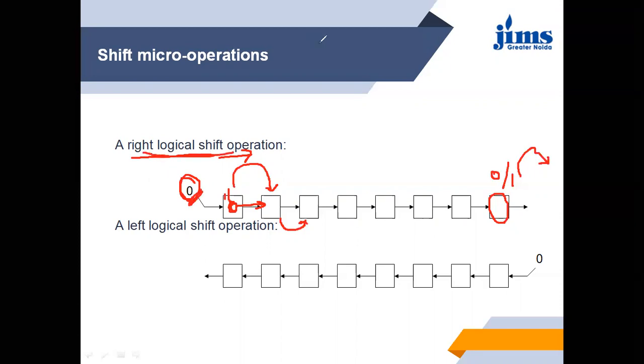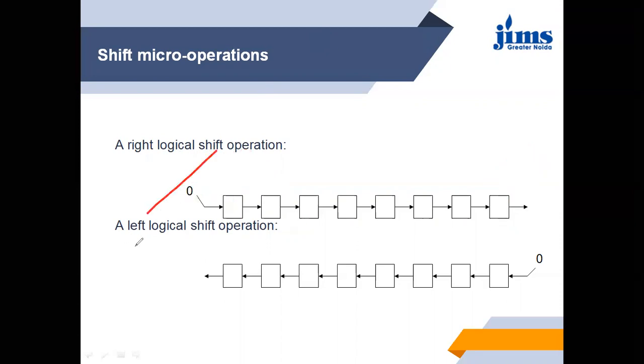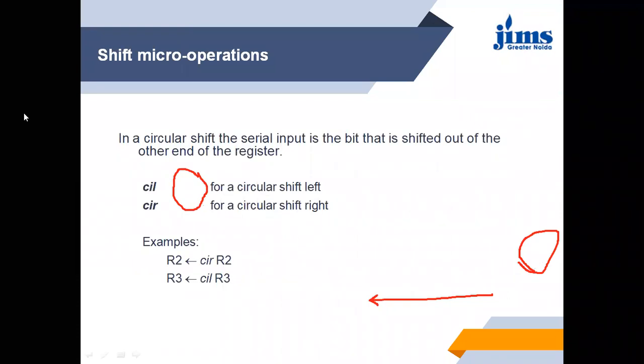Same in the case of logical shift left, the values are shifted bit by bit in the left direction, but the inserted value is 0 over here also. This was about the logical shift micro operation.